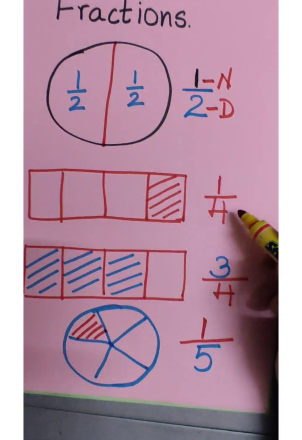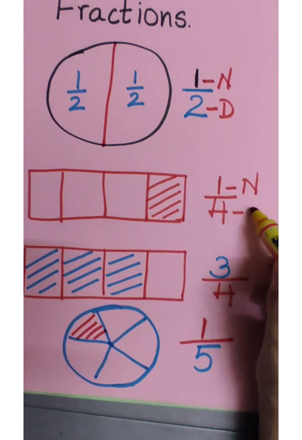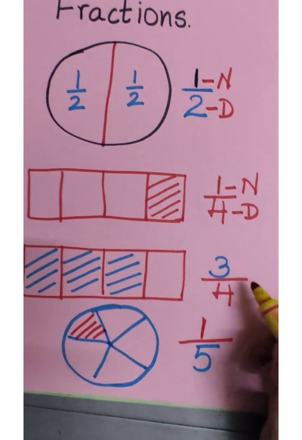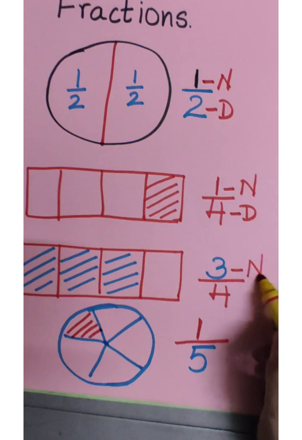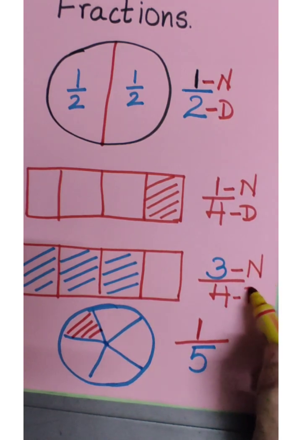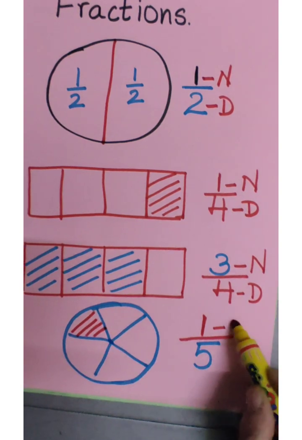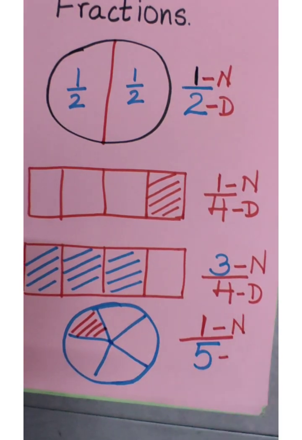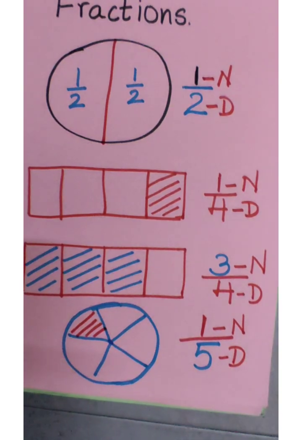In 1/4 or 1 upon 4 or quarter, you have 1 as the numerator and 4 as the denominator. In 3/4, you have 3 as the numerator and 4 as the denominator. In 1 upon 5, 1 is the numerator and 5 is the denominator.